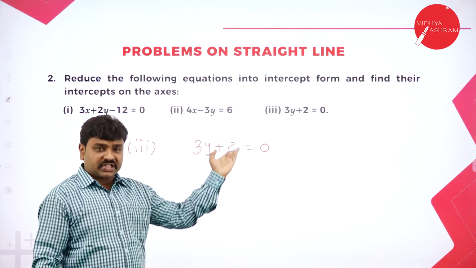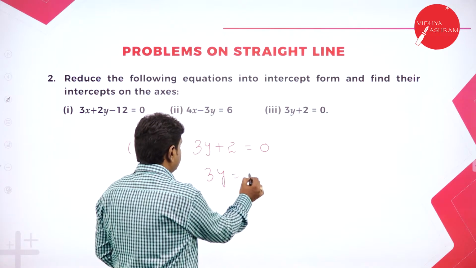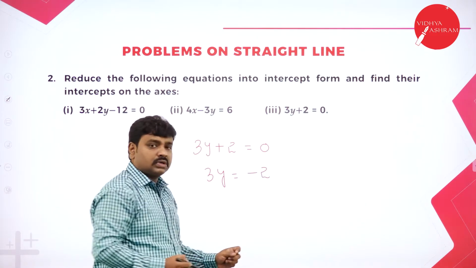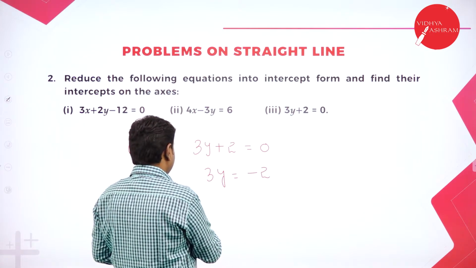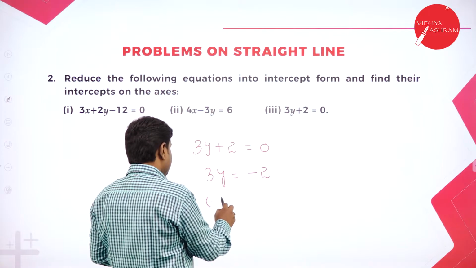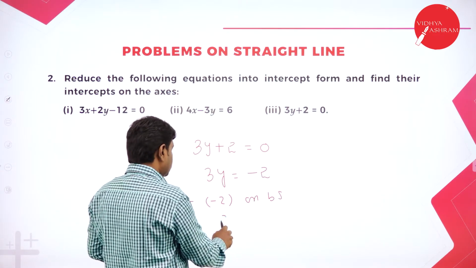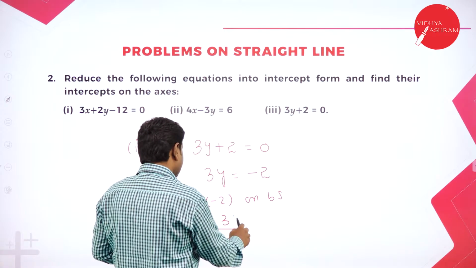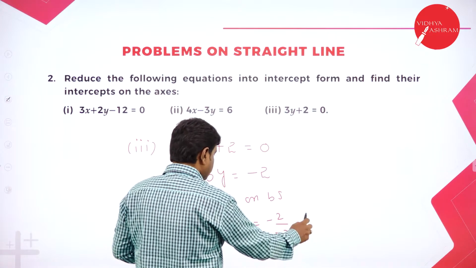So transfer 2 to the RHS, so 3y becomes minus 2. Then transfer 3 to that side, or divide by minus 2 on both sides. Why? Because on the right side we need 1. 3y divided by minus 2 is equal to minus 2 divided by minus 2.